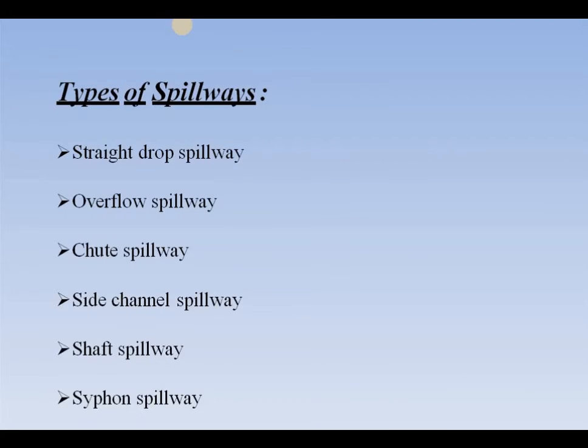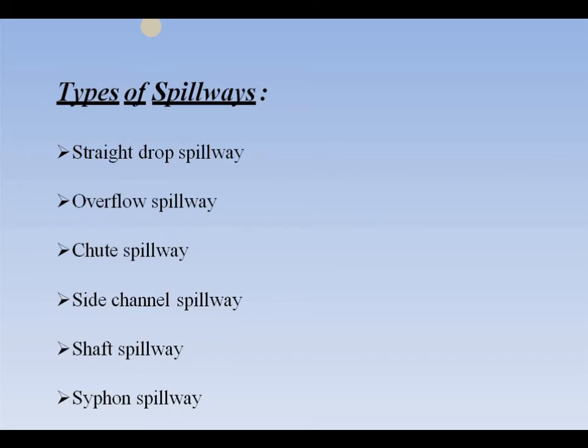Now we will go for the types of spillways. So basically, according to prominent features and the various components of a spillway, such as the control structure, discharge channel, etc., the spillway will be defined and classified into the following types. First one is a straight drop spillway. We can also say a free overfall spillway.